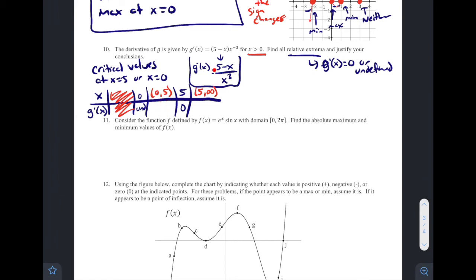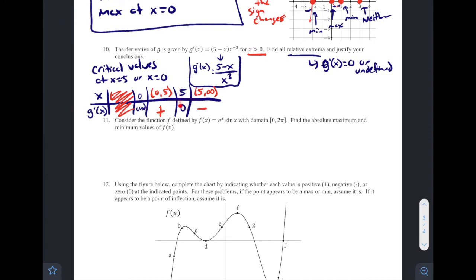From there, if we plug into our derivative, let's plug in 1. 5 minus 1 is 4. 4 divided by 1 cubed is a positive value, so we've got a positive here. If we pick a number bigger than 5, like 6, we have a negative divided by positive, so that's going to be a negative. So what do we have? Well, in this case, the only thing that could be an extrema here would be at 5, since it's not defined for values less than 0, and in fact x can't actually equal 0 for this.